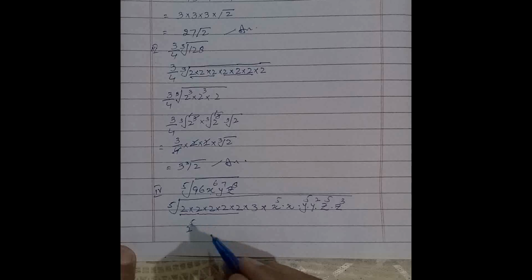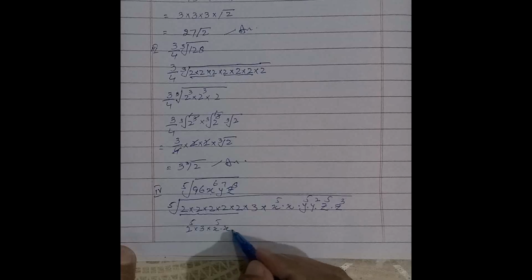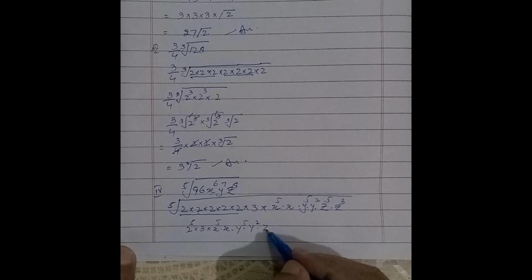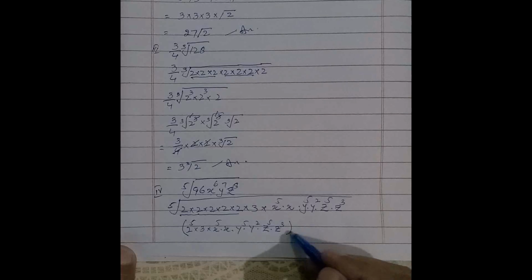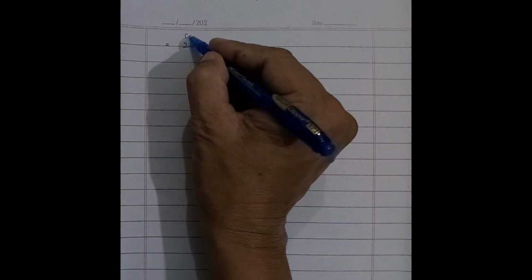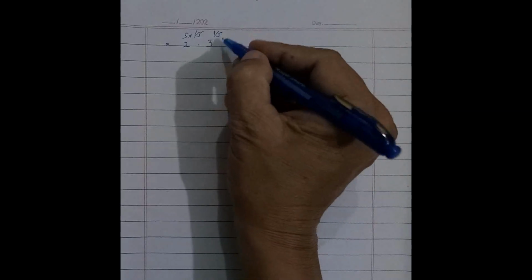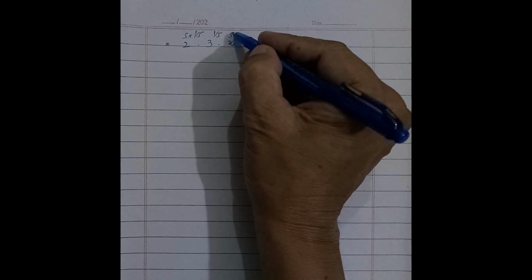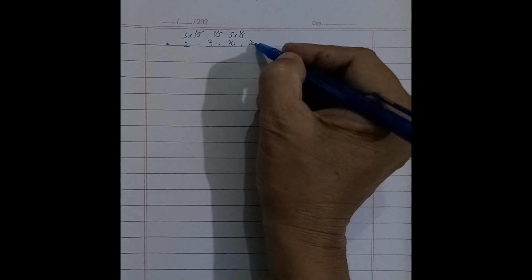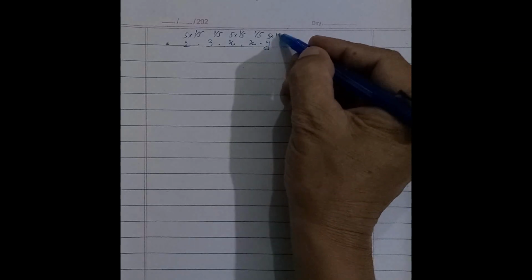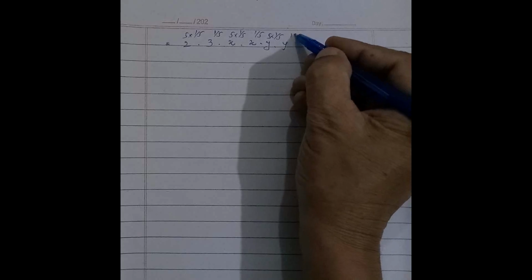It is 2 to the power 5 multiplied by 3, multiplied by x to the power 5 into x, y to the power 5 into y squared, z to the power 5 into z cubed, and the whole to the power 1 over 5. So 2 to the power 5 multiplied by 1 over 5, 3 to the power 1 over 5, x to the power 5 multiplied by 1 over 5, x to the power 1 over 5, y to the power 5 multiplied by 1 over 5, y squared to the power 1 over 5, z to the power 5 multiplied by 1 over 5, and z cubed to the power 1 over 5.